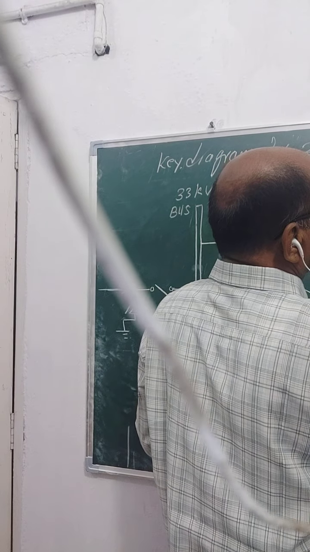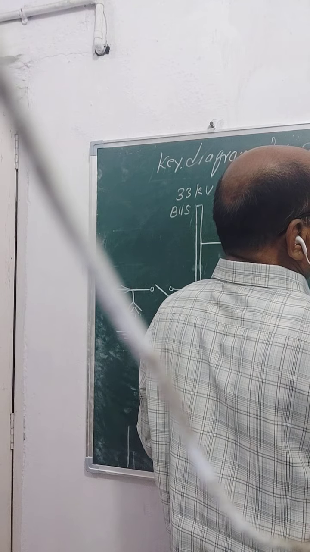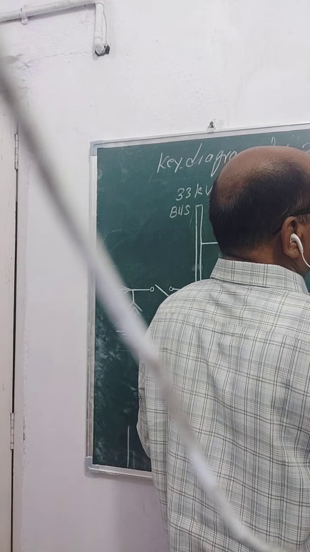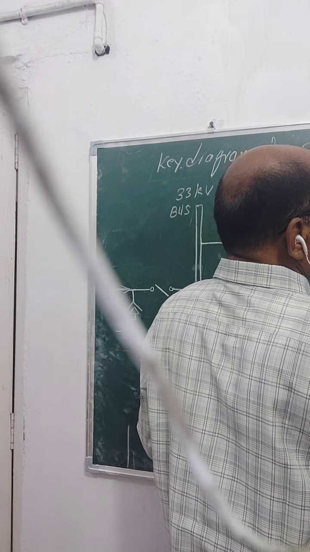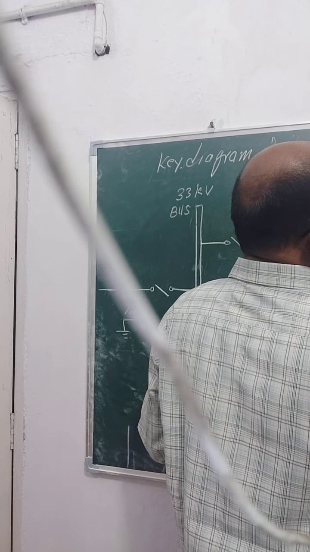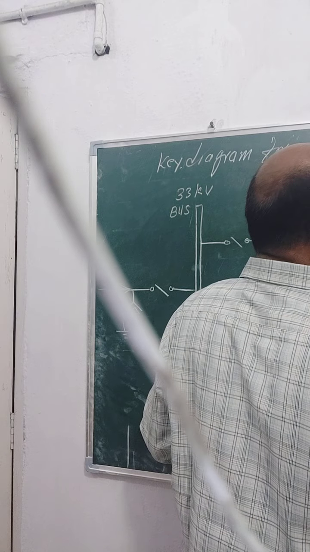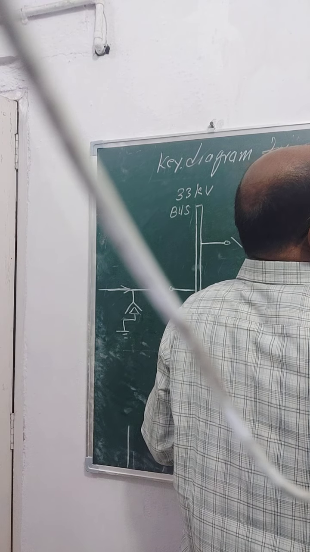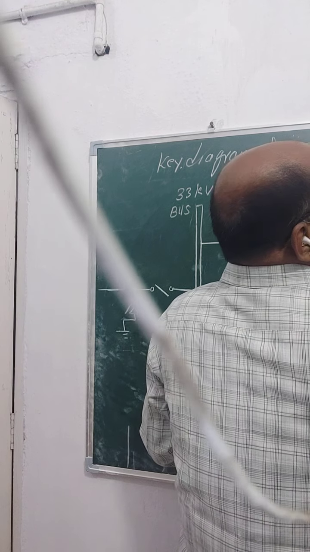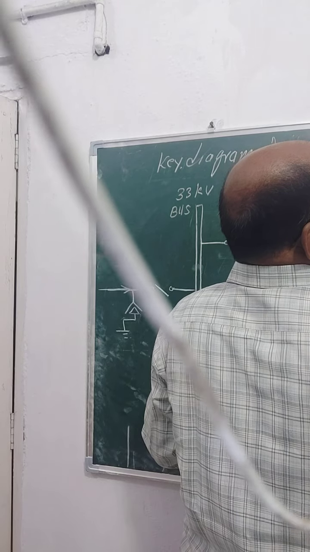After that, for secondary protection, there is again one lightning arrestor we use, and then one isolator, and this is the 11 kV bus bar after step down. So this is the 11 kV bus.